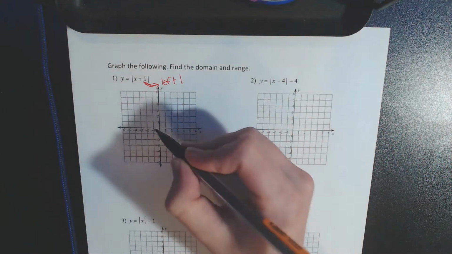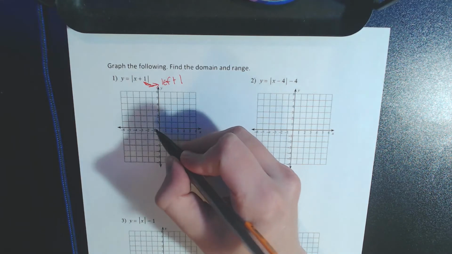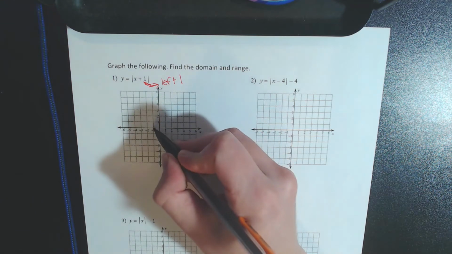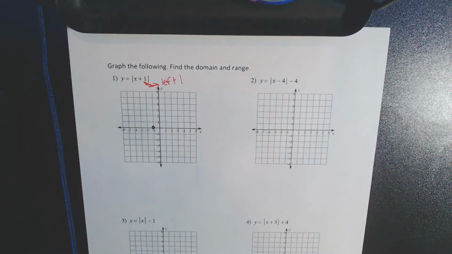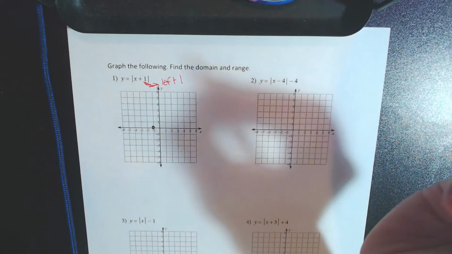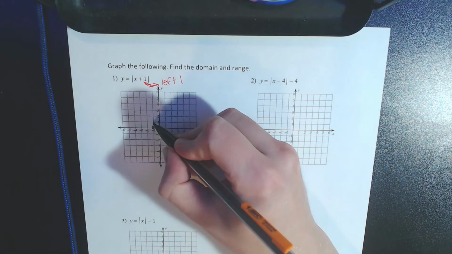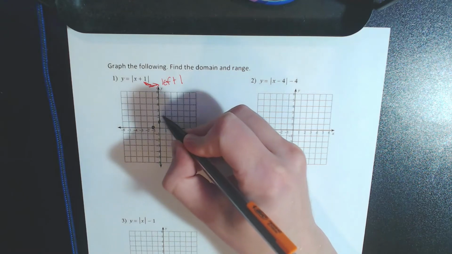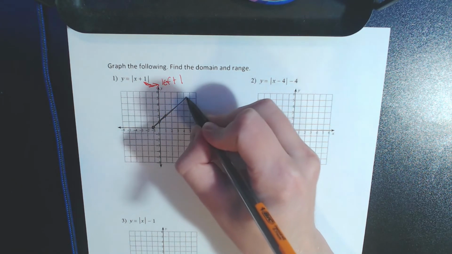Okay? So what that means, right, is typically the corner's at 0, 0 for just regular absolute value. So now it's going to be left 1. It's going to be at negative 1. Okay, that is going to be the new corner. And then it's going to be the typical V shape. It's going to go up 1 over 1, up 1 over 1, like that.